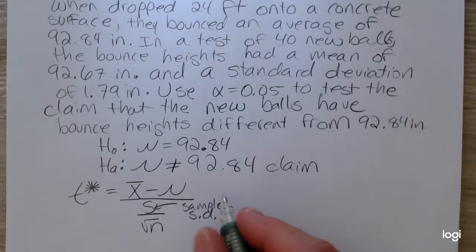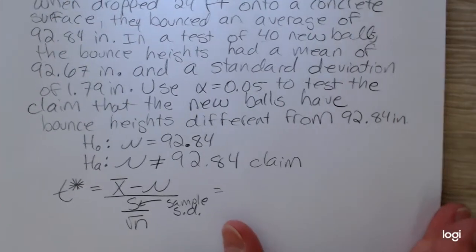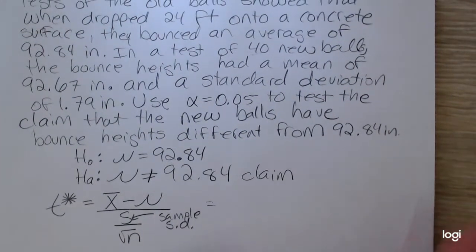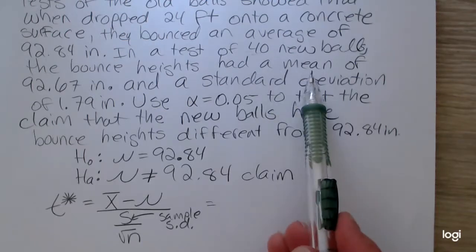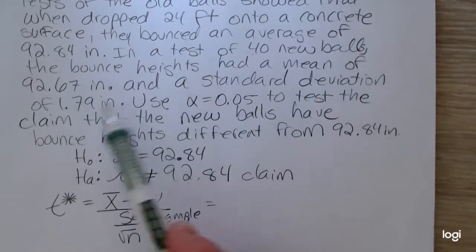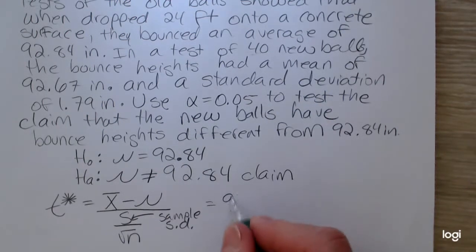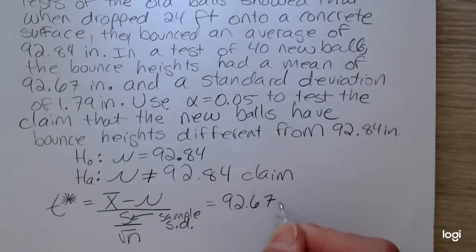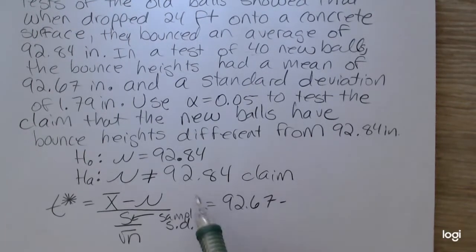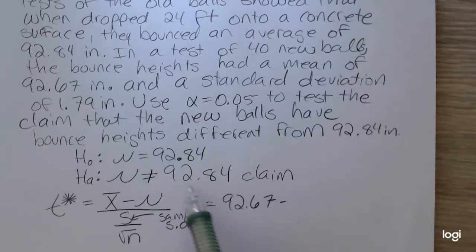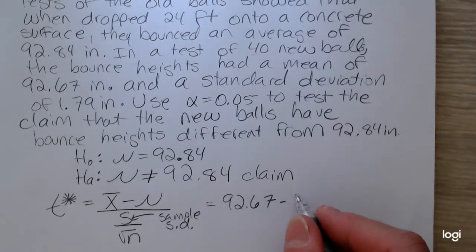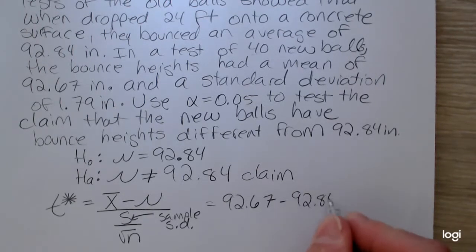So plugging the information into the problem, from our sample of 40, the mean, which would be the sample mean, is 92.67. And I want to subtract the claimed value. This is the average height for the set of old balls. So that would be 92.84.